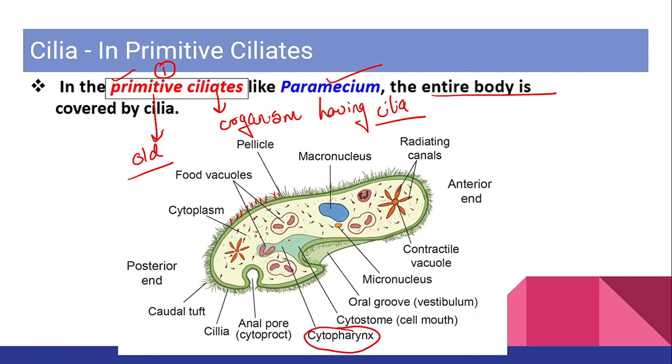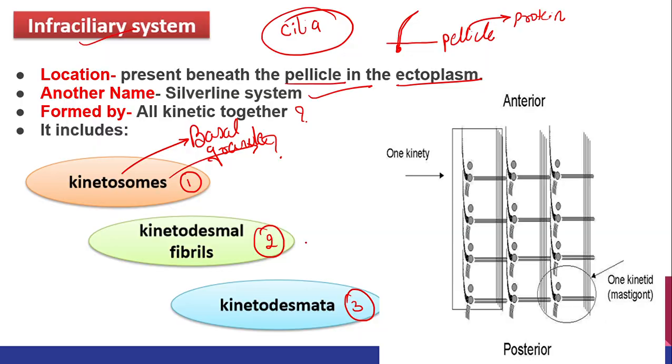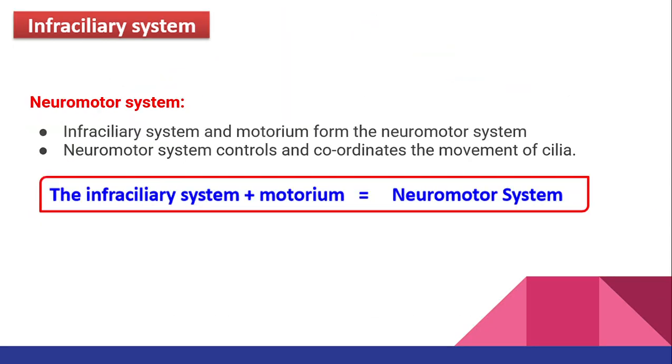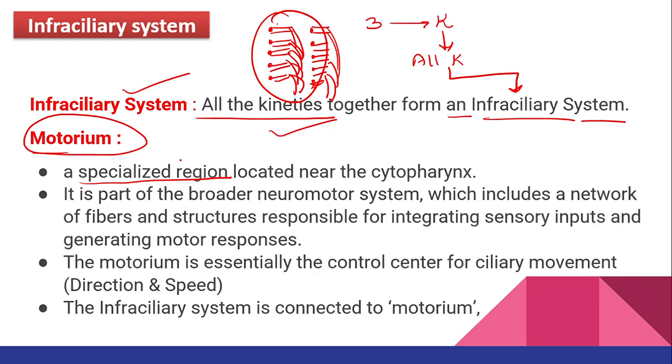Here you can see the cytopharynx. Now just near the cytopharynx we have another structure that we call the motorium. So motorium is nothing but the specialized region which is located near the cytopharynx. It is a part of the broader neuromotor system.